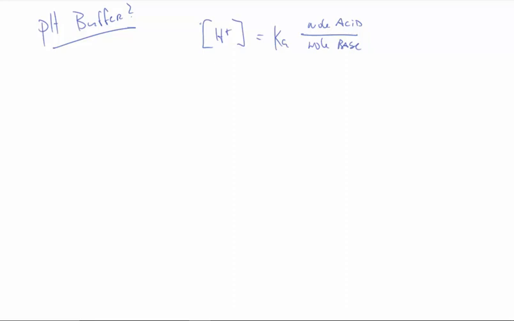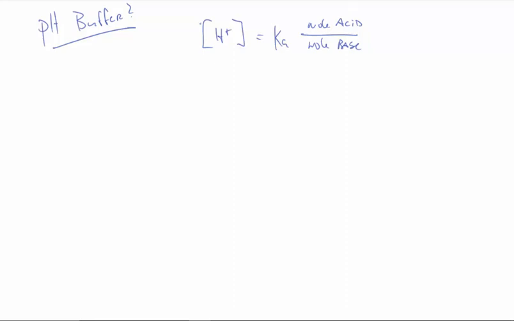So I add some strong acid or I add some strong base, and you have to understand that since I have both acid and base present in my solution, I have molecules present that can neutralize the invading, quote unquote, base or acid that is added. Okay? So very, very important to understand that.